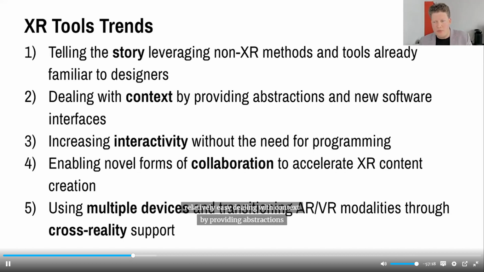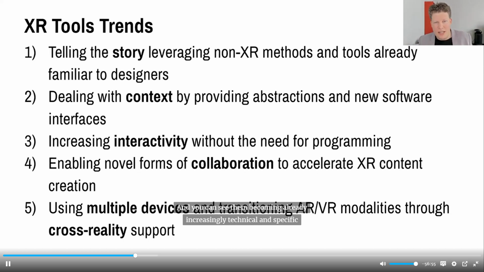Dealing with context by providing abstractions and new software interfaces, the tools, in fact, increasingly allow us to really understand the environment around the user. There are specific tools also within Unity, like Mars, that allow us to design for an eventual context in which the users might operate their augmented reality interfaces.